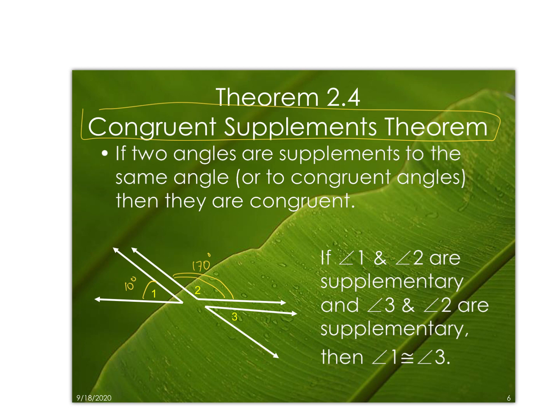And notice that if angle 2 equals 170 and it's supplementary to 3, then 3 also has to be 10 degrees because 2 and 3 have to add up to 180. So notice that 1 and 3 are both supplementary to 2, and that makes 1 and 3 equal to each other. So yes, the congruent supplements theorem makes sense, and yes, it's true. Now, in the next slide, we're going to prove this theorem to be true.